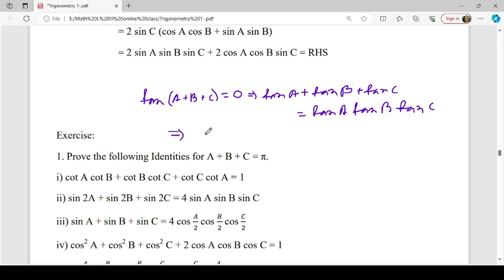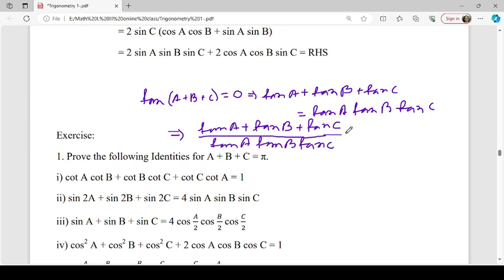So right hand side is 1, then we have tan a plus tan b plus tan c divided by tan a tan b tan c, and right hand side is equal to 1.